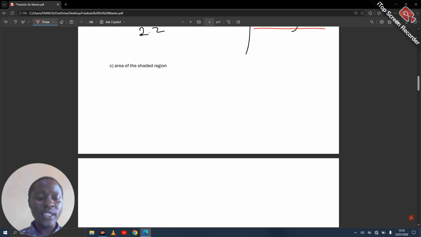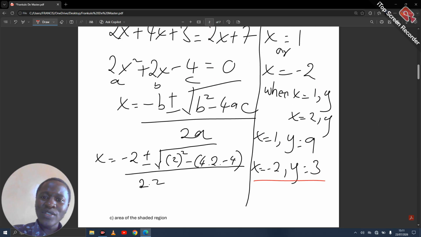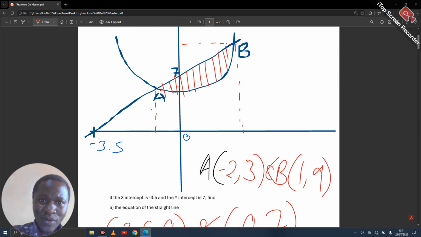Now, I want you to note this. In such a type of question, the equation or function that appears at the top is the one we are dealing with, or subtracting one from the other. What am I trying to say?